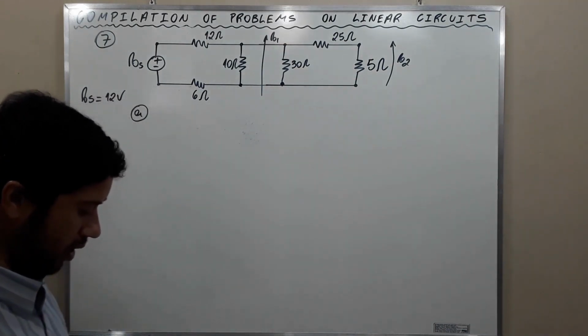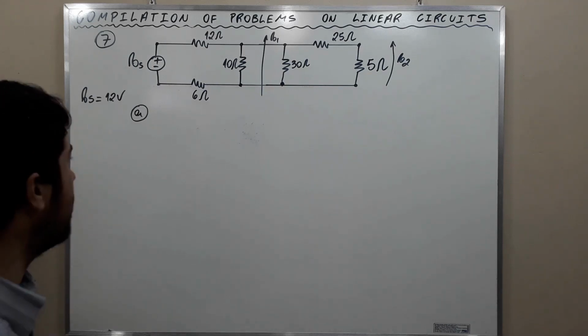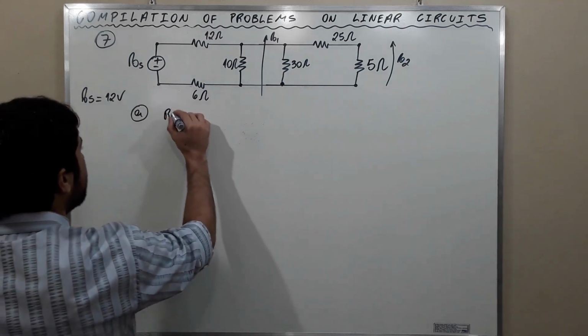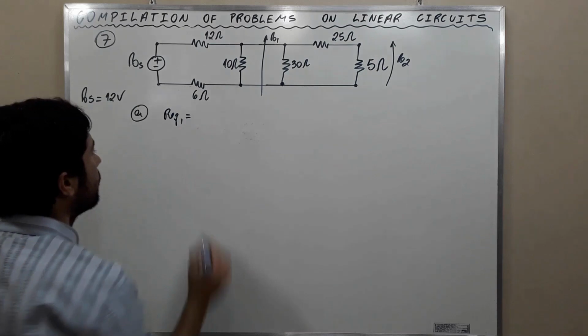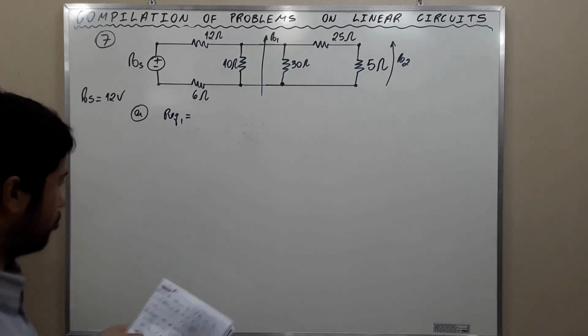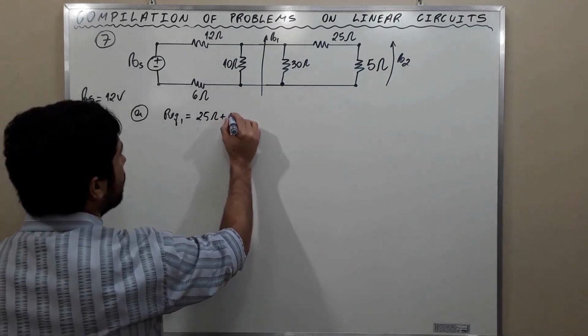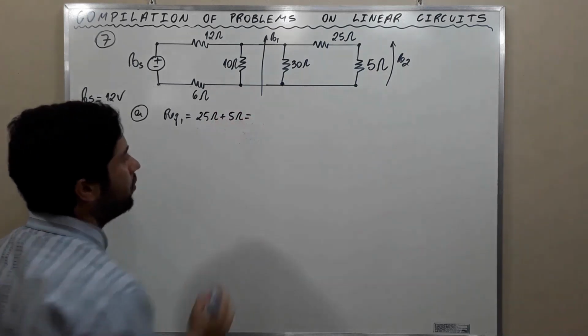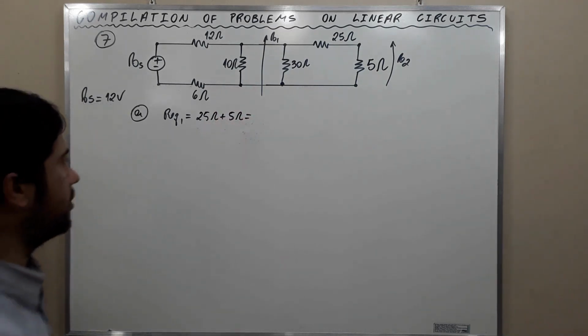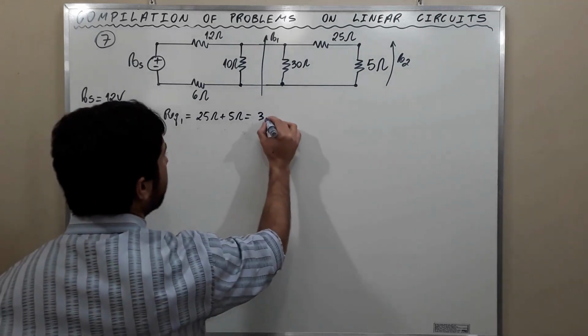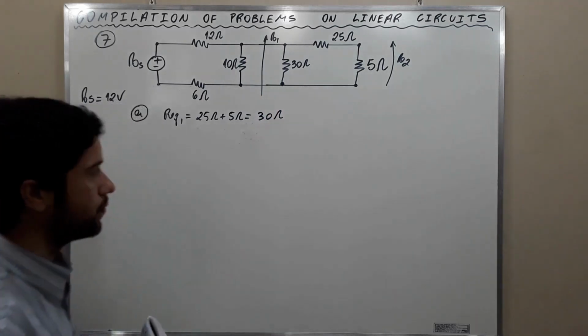Okay, so the equivalent resistance number 1 is equal to 25 plus 5, which is 30 ohms.